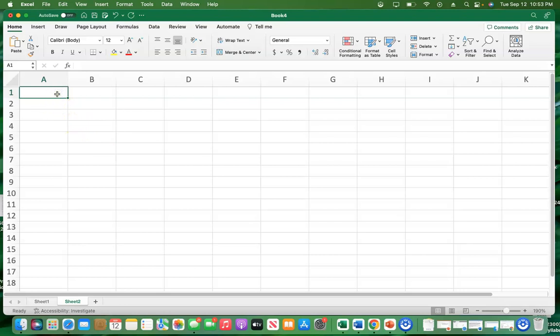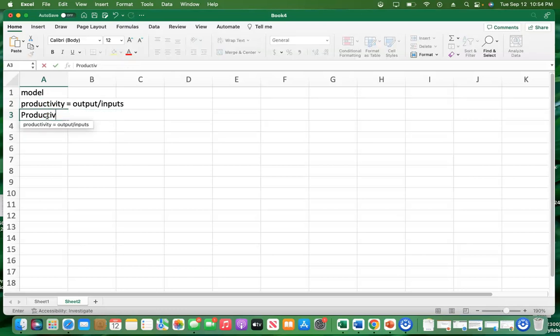As we did the first question, we're going to develop the model that we can use to answer this question. The first thing I always advise is to come up with the formula. In this case, we have productivity, which is the output per input, or we can say inputs. So productivity is output divided by the number of inputs which are given.